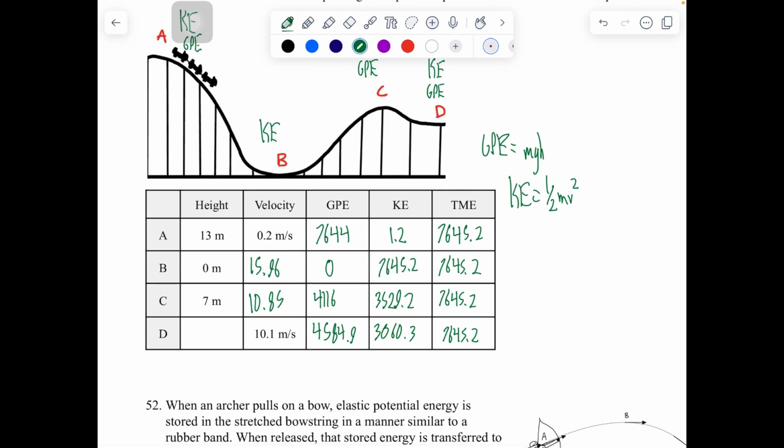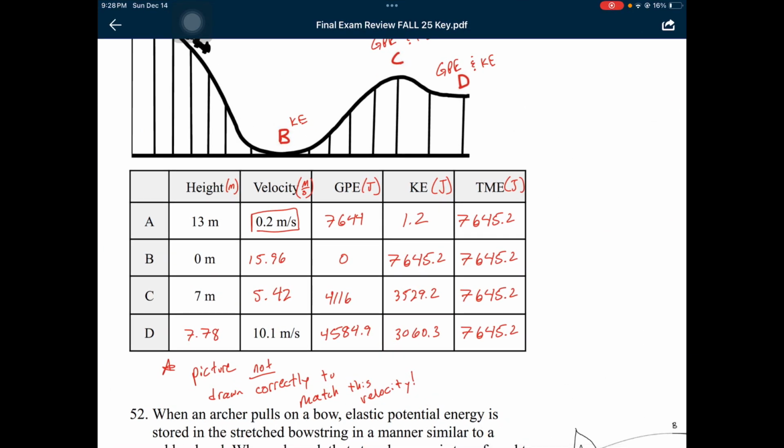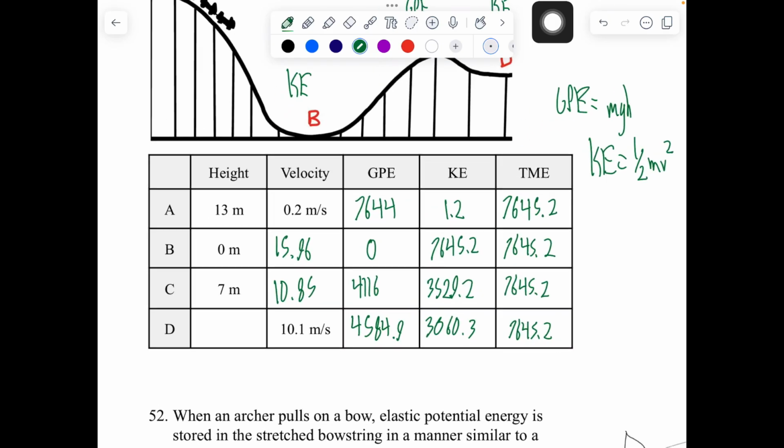I know that doesn't match what we have in the key. If you take a look at our key, you can see GPE is clearly increasing and kinetic energy is decreasing. But here, for decreasing kinetic energy, we're going faster. Again, we made a mistake in the key. The answer should be this.